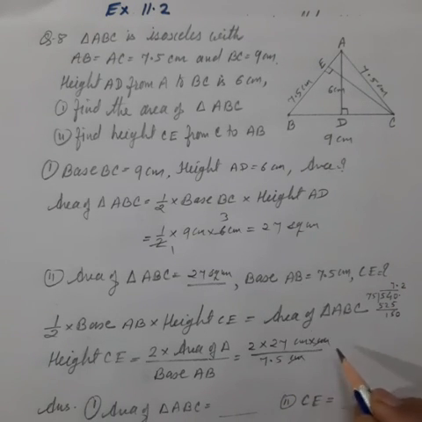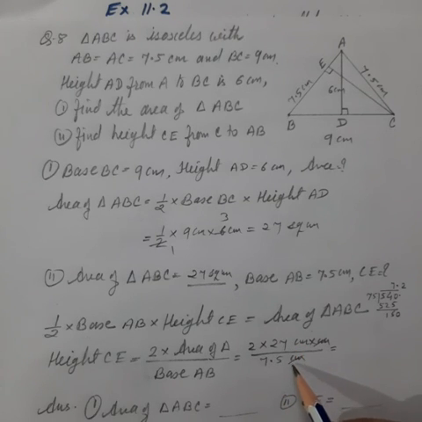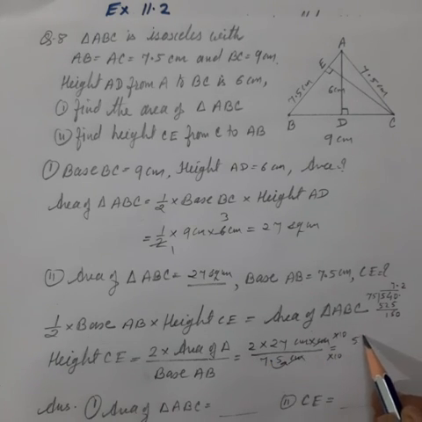This centimeter will cut. Now the denominator is a decimal number. We don't want it decimal. So multiply both numerator and denominator by 10. So this point will shift one digit right and we will get a natural number. And 27 2s are 54. One more 0 and this will become 75 centimeter.